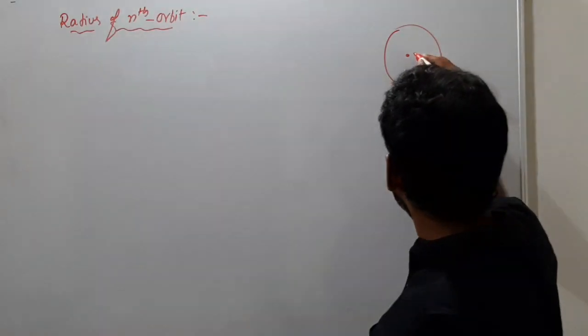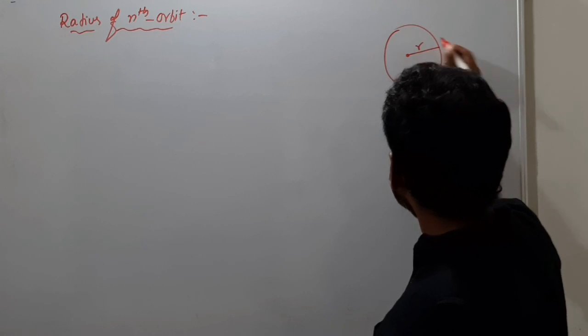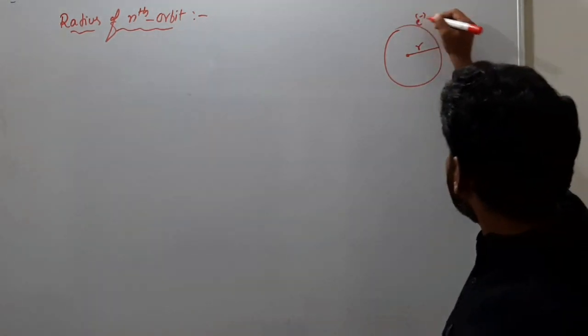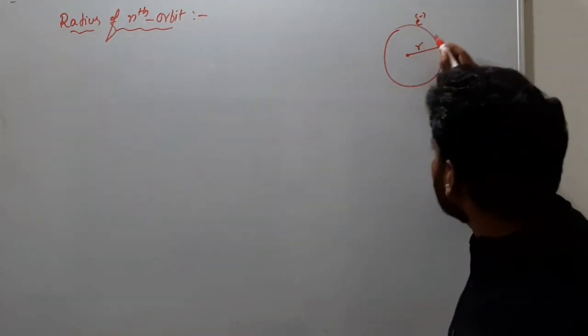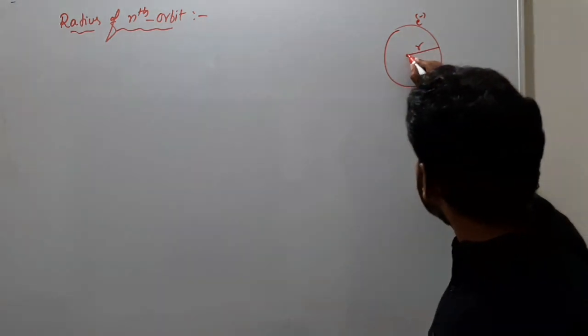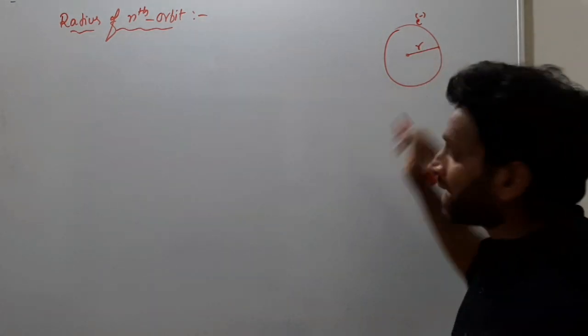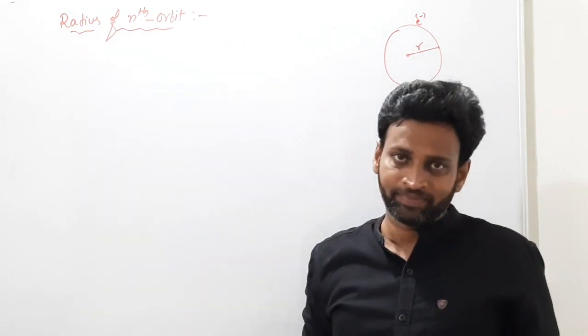The electron is revolving in a certain orbit. This is called the radius. So when the electron is revolving in this particular orbit, you have some radius from the nucleus to this shell. To calculate this radius, we will derive one formula now.